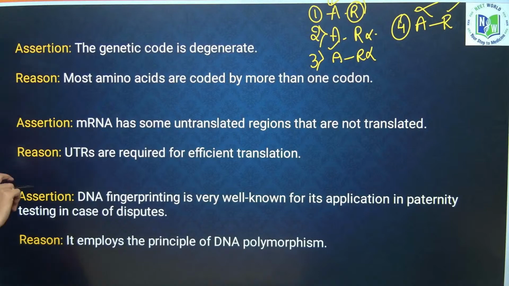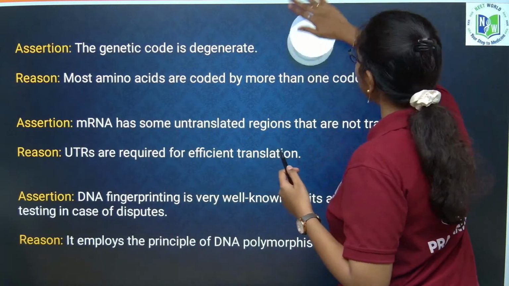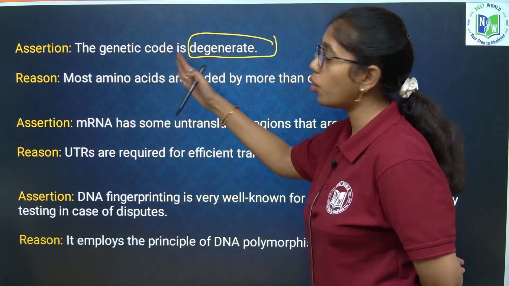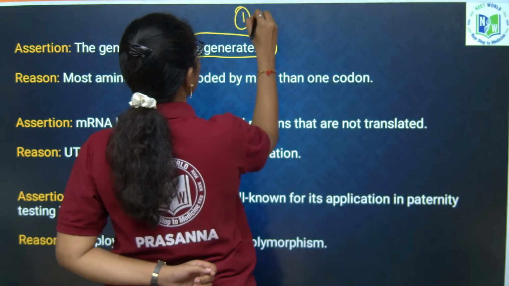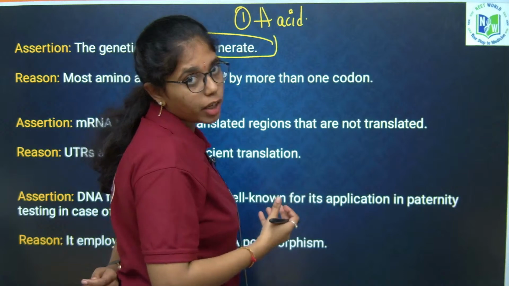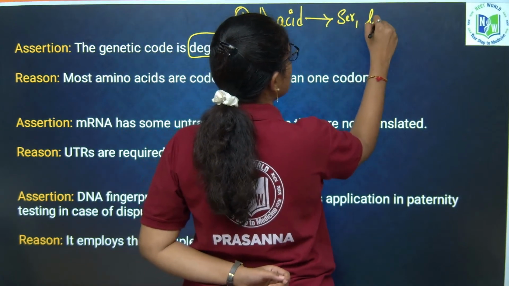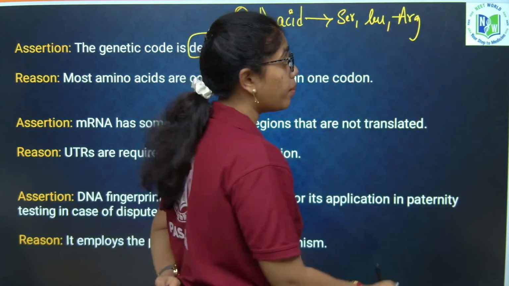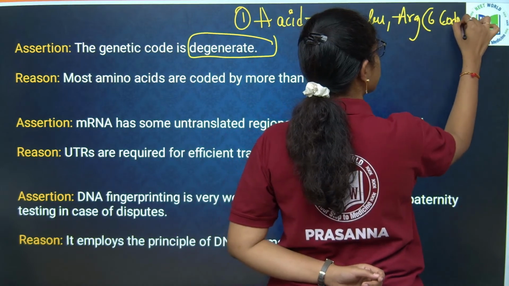Assertion: the genetic code is degenerate. What does the term degenerate mean? The genetic code is degenerate, which means one amino acid is coded by many codons. For example, serine, leucine, arginine are amino acids coded by 6 codons.